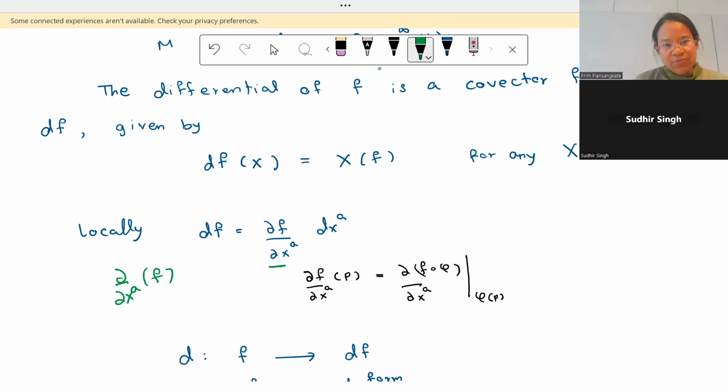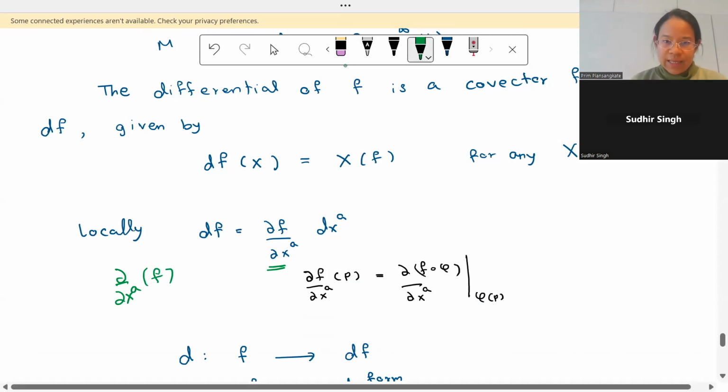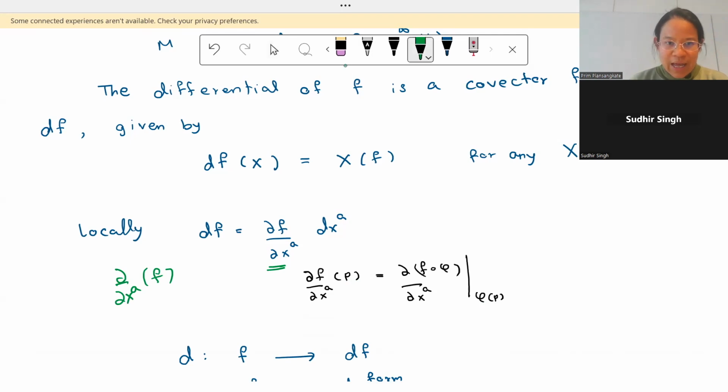But I would just write it like this. And by definition, if you haven't seen it before, you have to go back to the definition we looked at. This is a function, and its value at a point p is the same as the partial derivative of the coordinate representation of f at the coordinate representation of p.